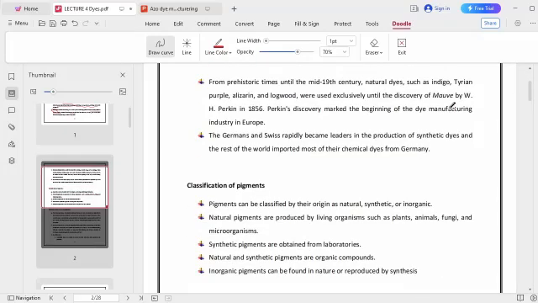And then in the mid 19th century, there was the discovery of a dye called mauve, a purple color, by a scientist called William Perkin, and he discovered this dye in 1856. And this discovery was very important because it marked the beginning of what we know as the dye manufacturing industry in Europe.